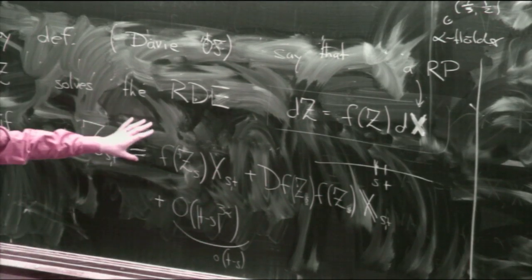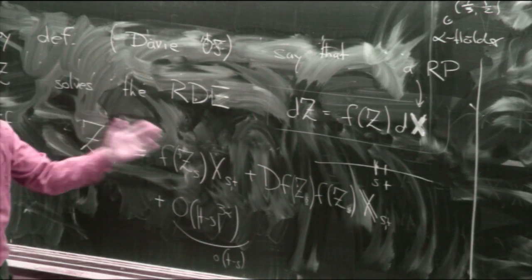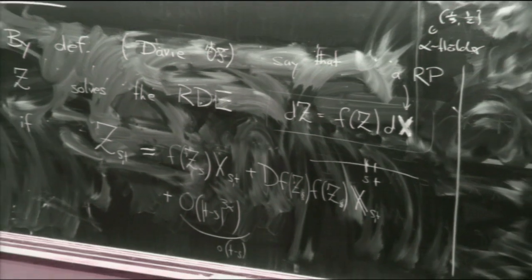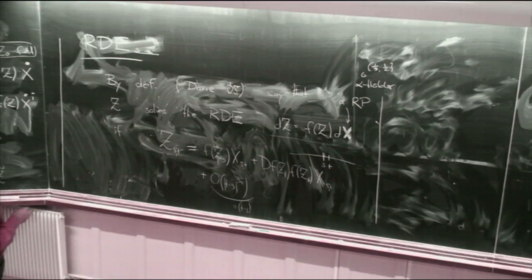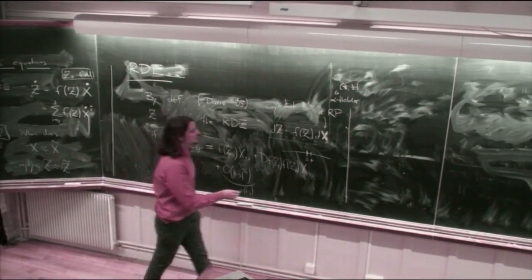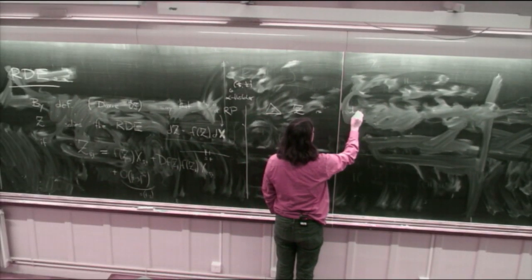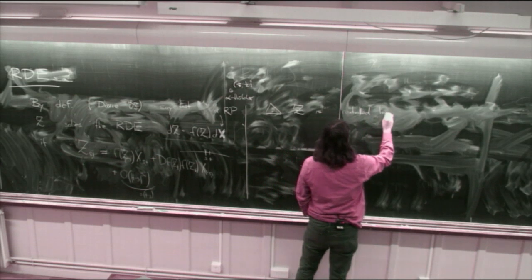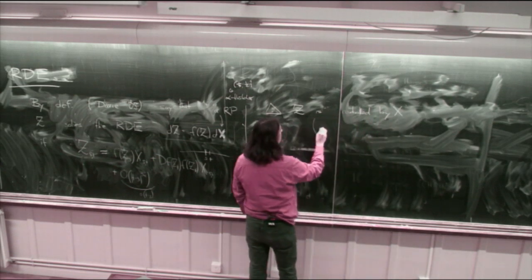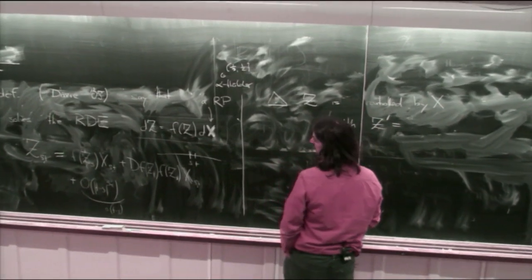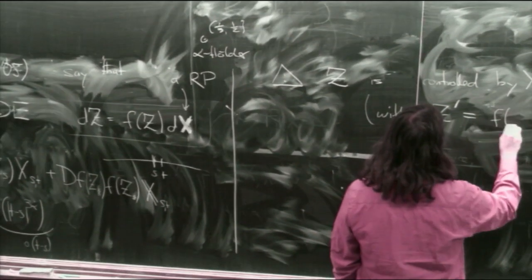Right? So this tells you in particular that Z is controlled by X, and it tells you that the possible Z prime is f of Z. Right? So let's observe this. Z is controlled by X with Z prime equals f of Z.